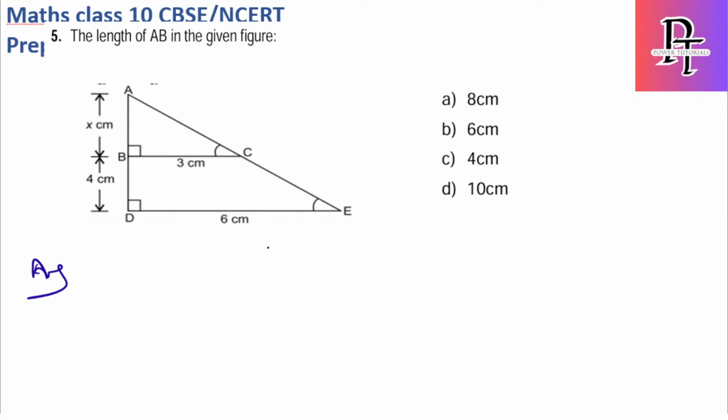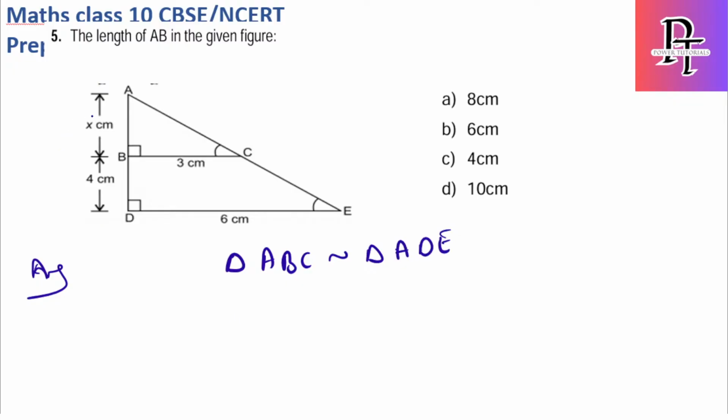So I'll use the similarity property, which is triangle ABC is similar to triangle ADE. This is the congruence symbol; for similar, it's just the tilde.